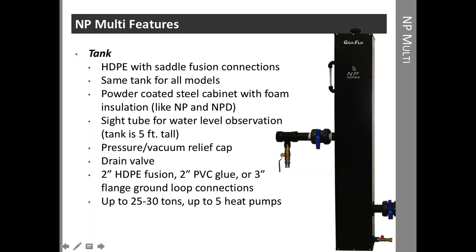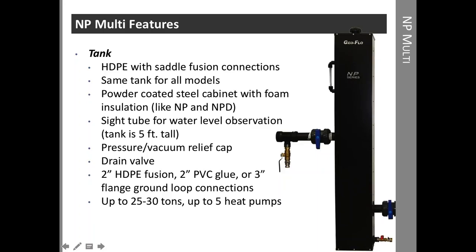As the water temperatures change, the pressures change, and so the water level changes over the season. That's your expansion tank, and any air that might be entrained in the system comes back into the top of the tank. So in effect, it's like having an expansion tank and air separator built in by design of this non-pressurized technology. We talked about the pressure vacuum relief.